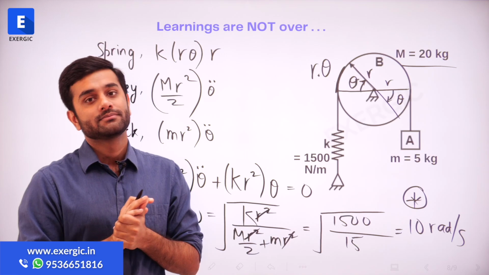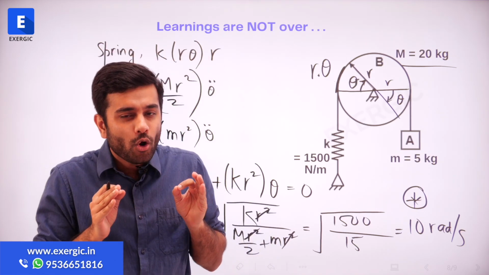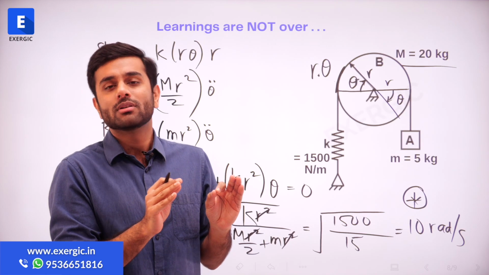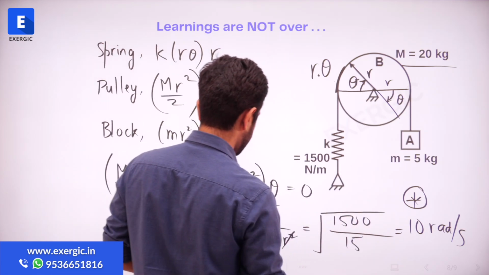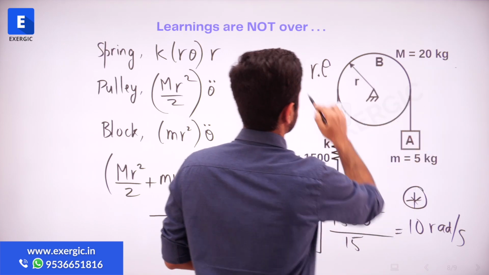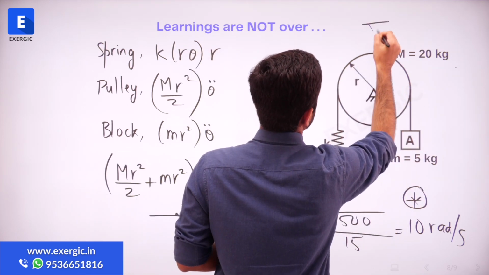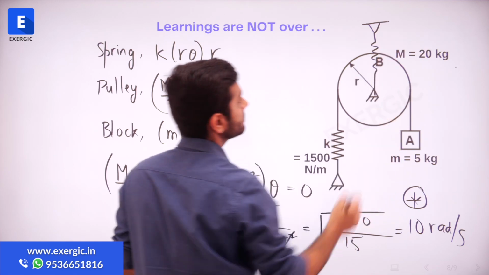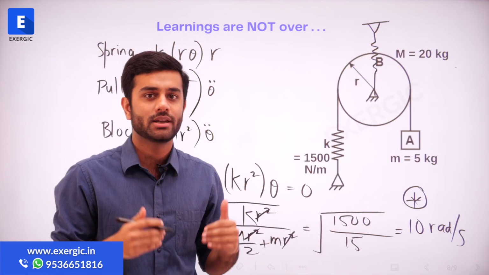In fact, there can be such questions also where the complete component given to you may be redundant. For example, here in the same question, if I attach, let's say, a spring here, will it make any sense? Will it make any contribution in this motion, in its oscillation?